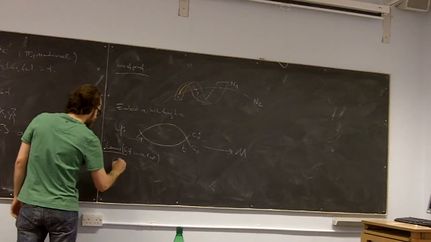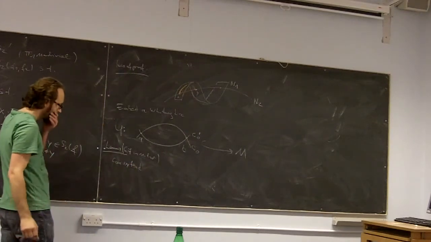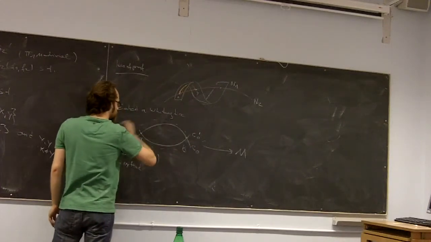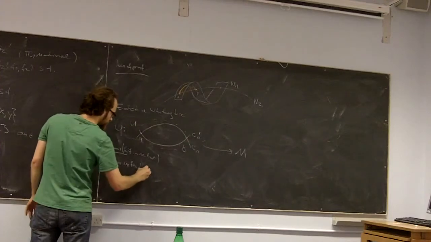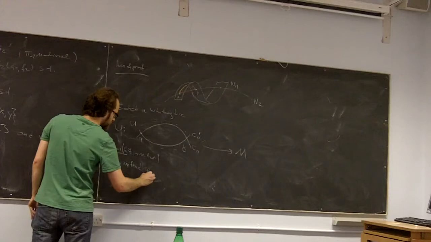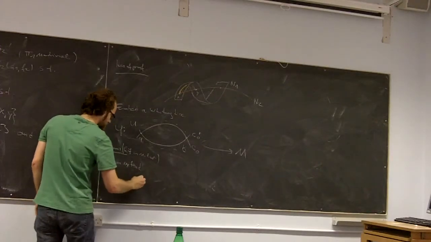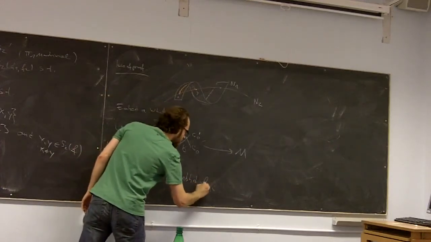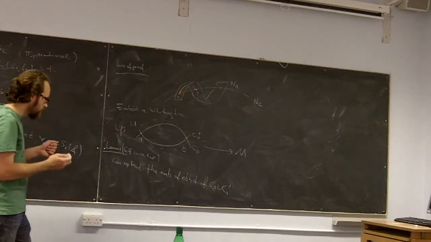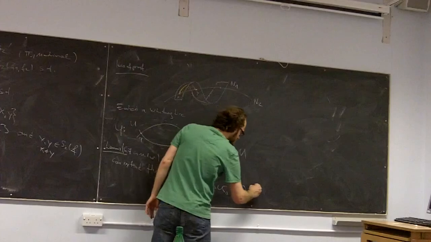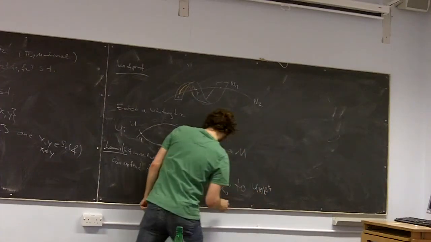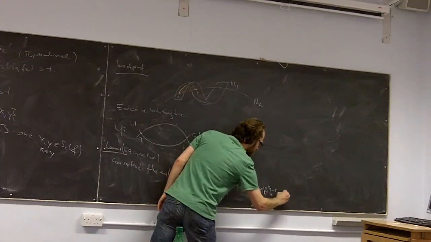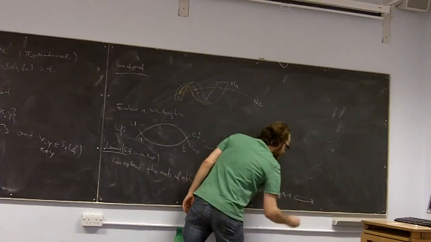So I can extend the embedding of a neighborhood of this situation, let me call it U, I can extend the embedding of the neighborhood of the curves in R2 to an embedding of U cross R^(n1-1) cross R^(n2-1).